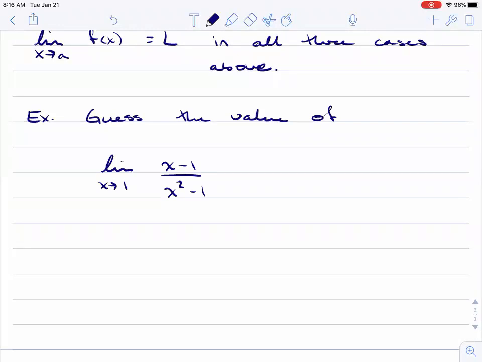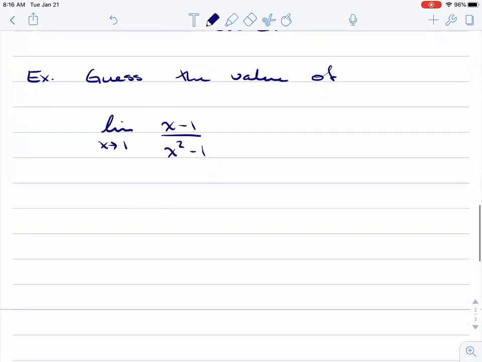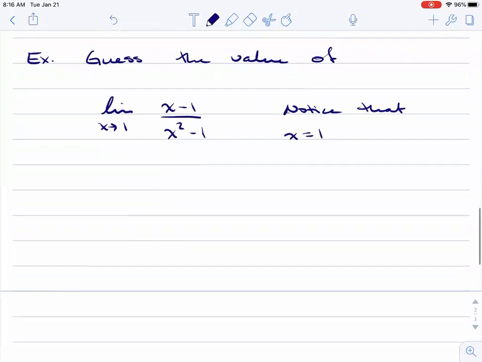And so we need to figure out what the function looks like as x approaches 1. We use the same method that we used last day, where we pick values close to 1, but not exactly 1, and see how this function behaves. And so notice that x equal to 1 is not in the domain. So we consider values close to 1.